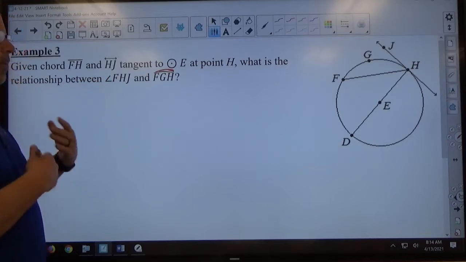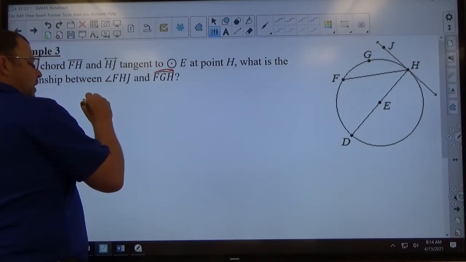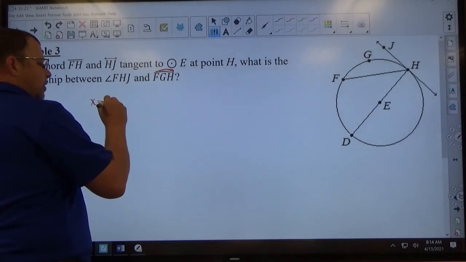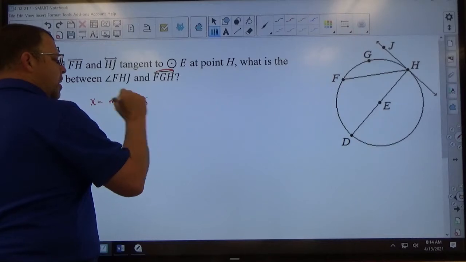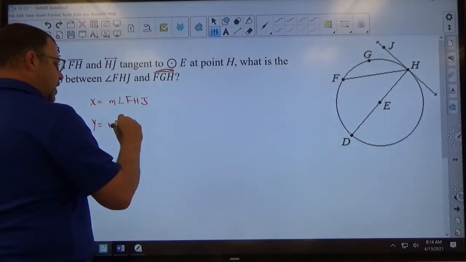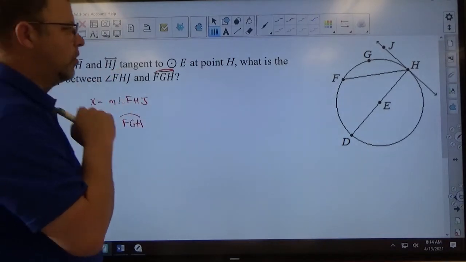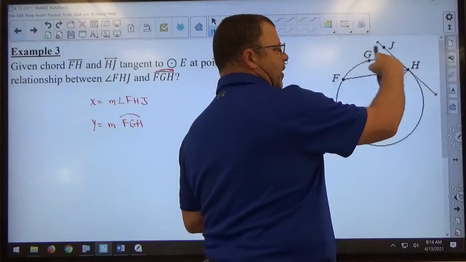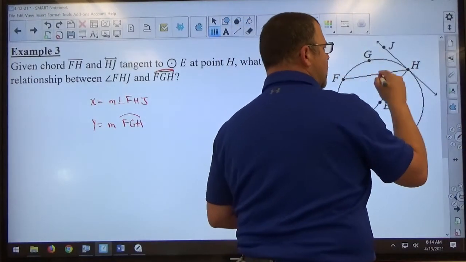So if there's any relationship, it's probably about angle measure. Let x represent the measure of angle FHJ, and let y represent the measure of arc FGH. I could have called it FH, but we'll go with FGH because that's what they said.